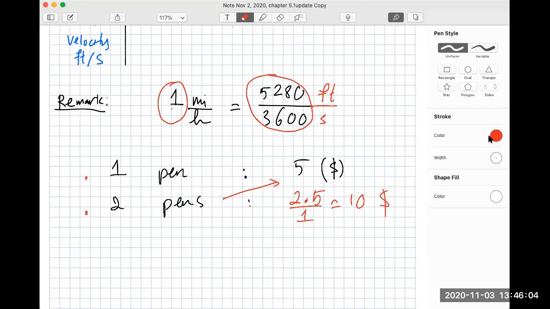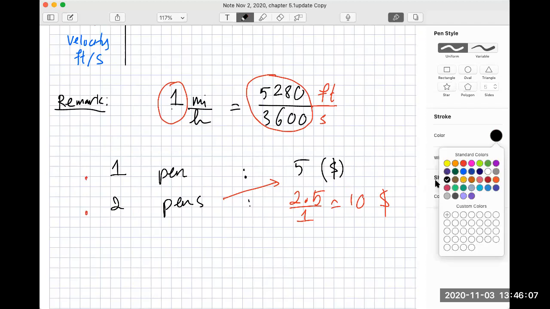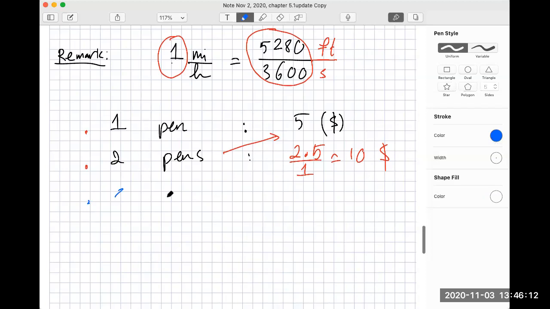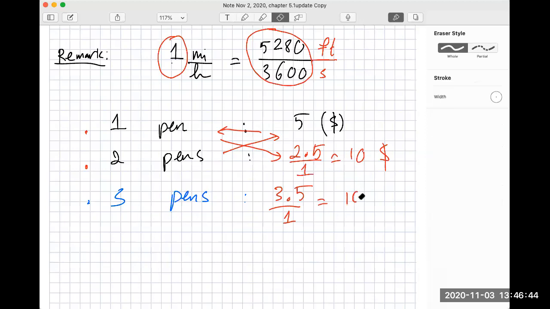Or if you want to know how much you need to pay to get 3 pens, what should we do? The same story. We pick this number, 3, multiply 3 by 5 and divide by 1, which is $15.